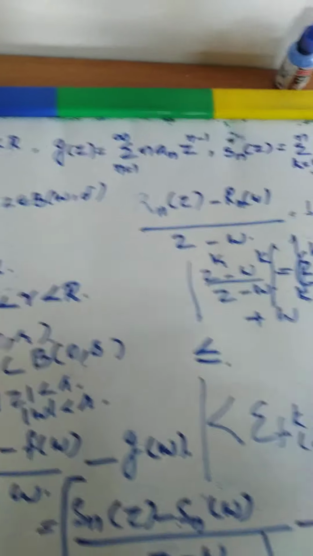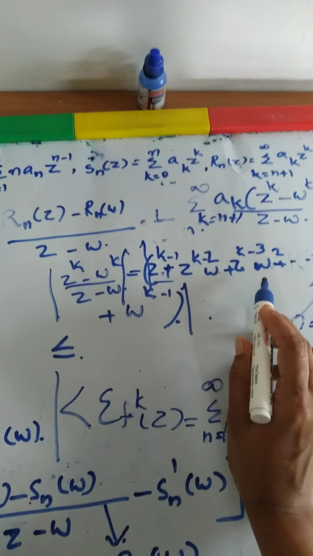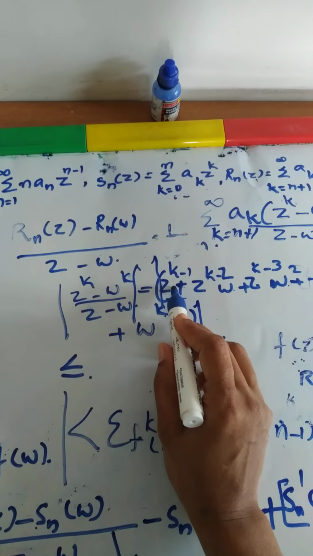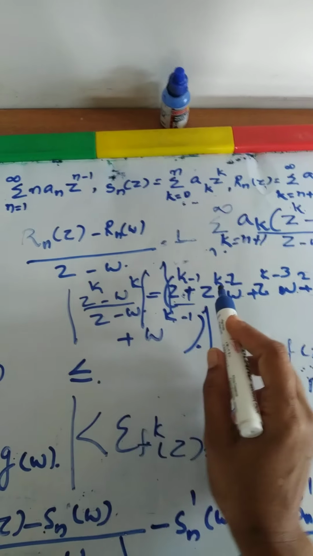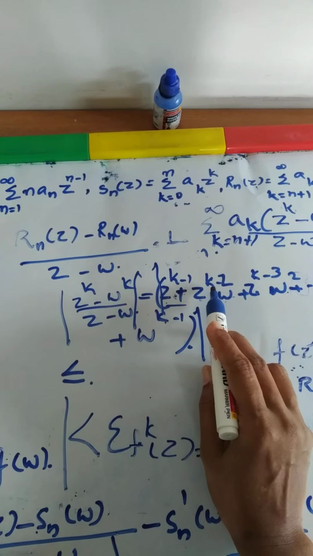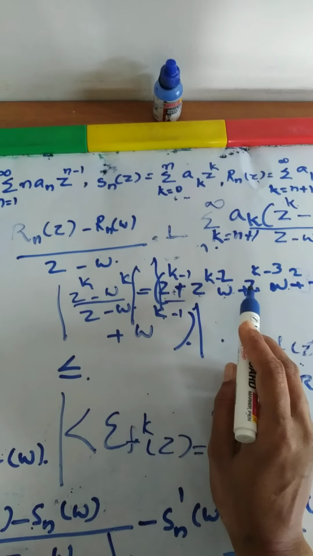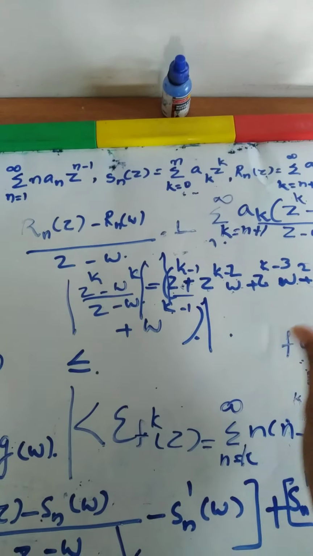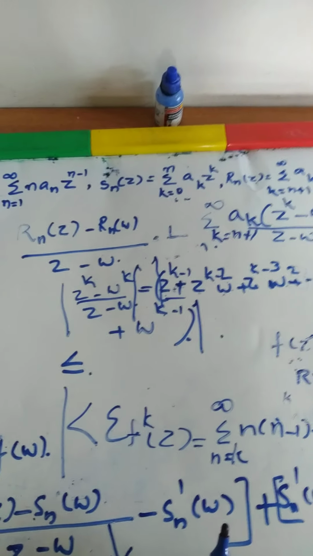So what about the sum? There are k terms, and each term, modulus of z raised to k minus 1, is less than or equal to r raised to k minus 1. Modulus of z raised to k minus 2 into mod w: modulus of z raised to k minus 2 is less than or equal to r raised to k minus 2, and mod w is less than r. Combining these two, we also get r raised to k minus 1.